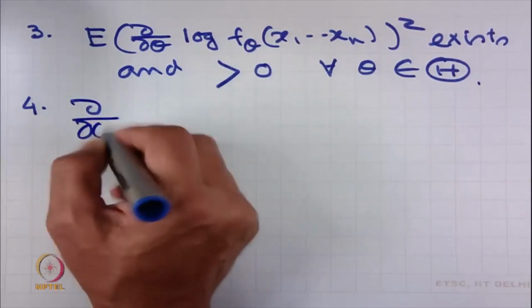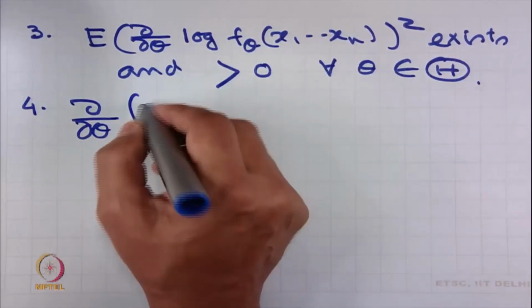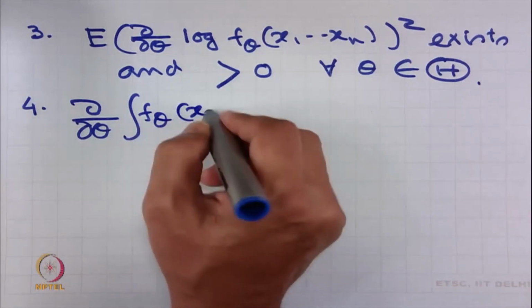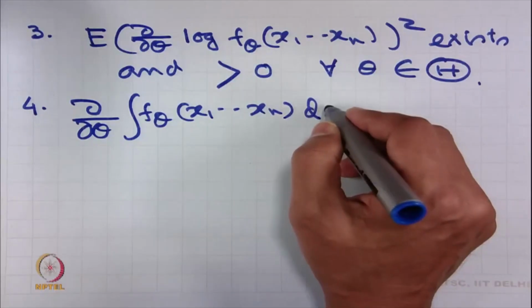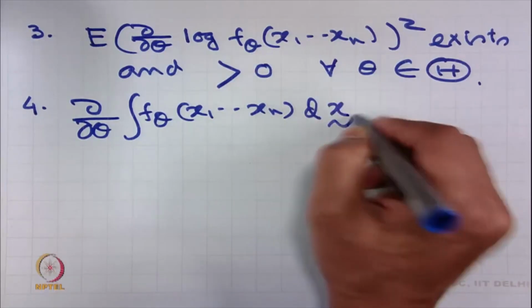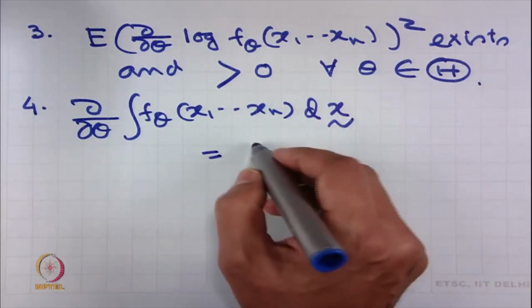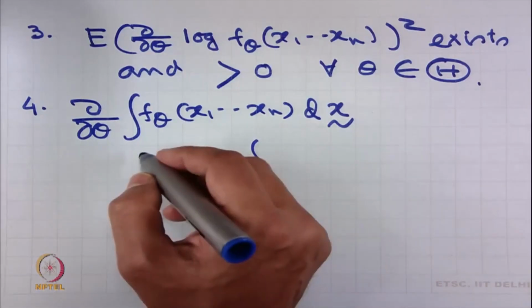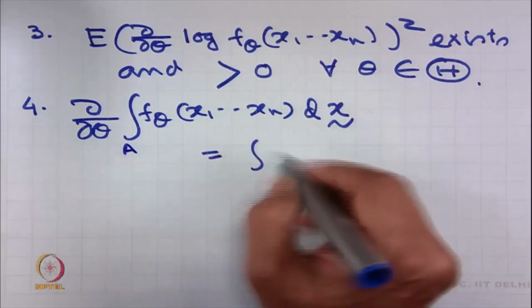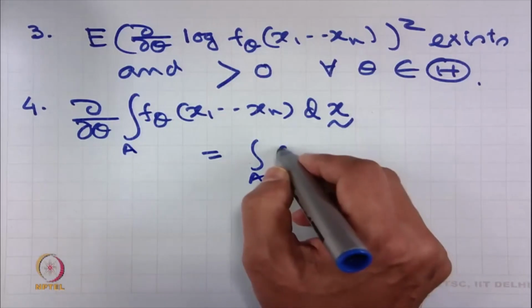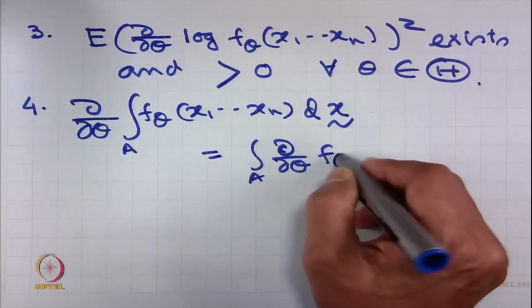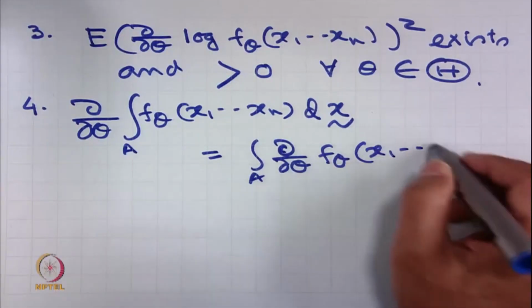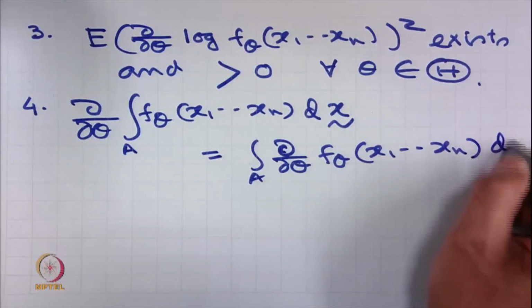Del theta of the integral of f theta of x 1 x 2 x n dx is equal to the integral of del theta of f theta x 1 x 2 x n dx.